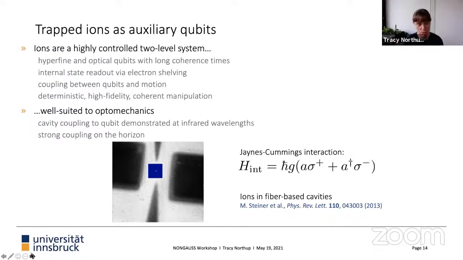So this single atom strong coupling is something that's been shown, of course, also in the microwave regime, but ions are a bit more challenging, in particular because of the trapping potential. And so it's, again, difficult to get this small mode volume and still have a nice stable trapping potential for ions. But fiber cavities, I think, are the best route towards this.